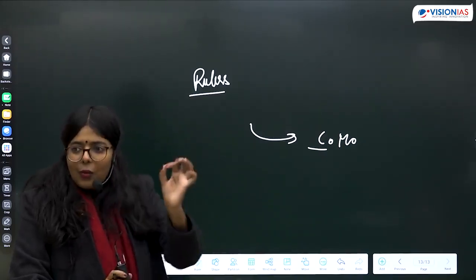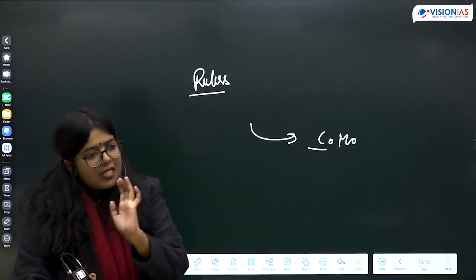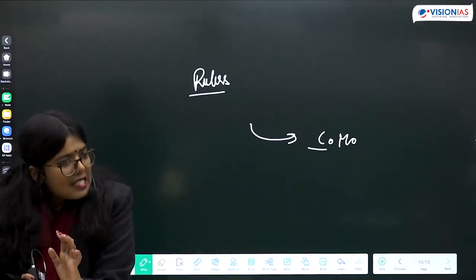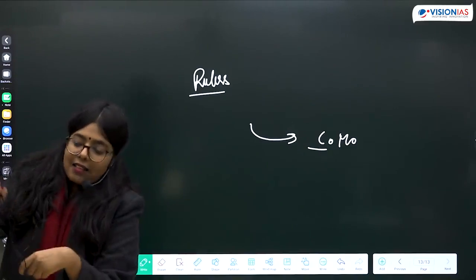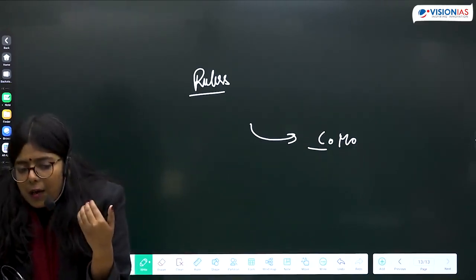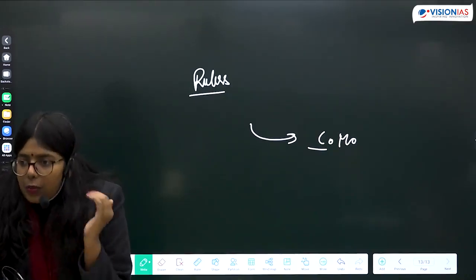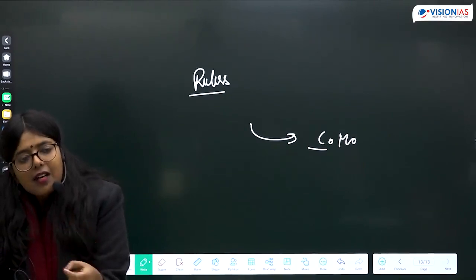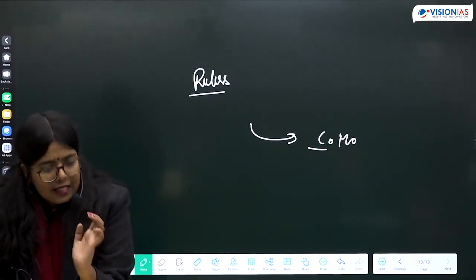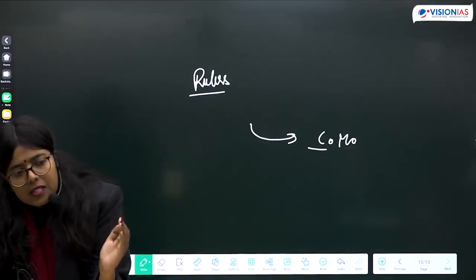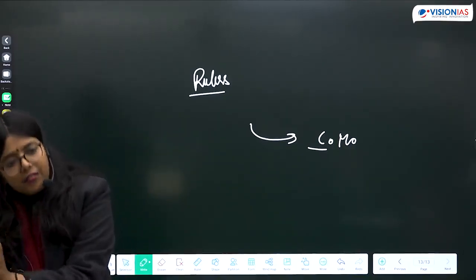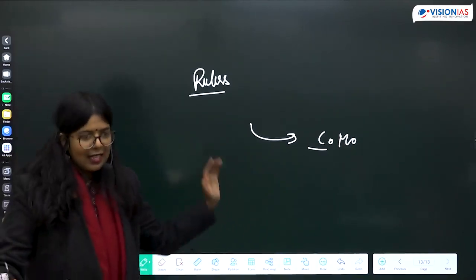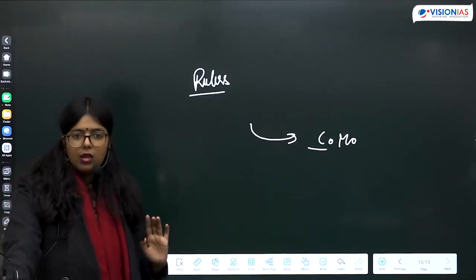Willingly, a person is choosing to starve unto death, and that is considered a very important ritual in Jainism. It has been considered a very pious ritual, where a person is willingly fasting unto death. Okay, so that is one thing that we need to remember about Chandragupta.